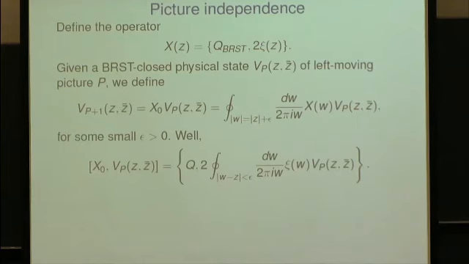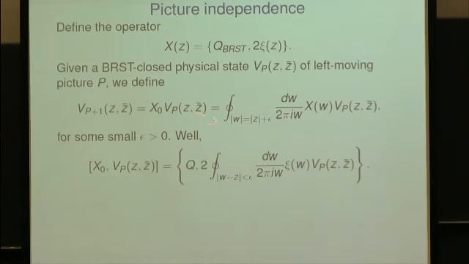And we can use the zero mode: given any vertex operator corresponding to some physical state in some picture P, the zero mode of this acting on this vertex operator creates another vertex operator for a physical state now in picture P+1. And it turns out that this zero mode commutes with all the vertex operators up to BRST trivial stuff, which, as we have seen, decouples from amplitudes. So this means that we can simply push X0 around in the correlator, and we see that the result is picture independent.